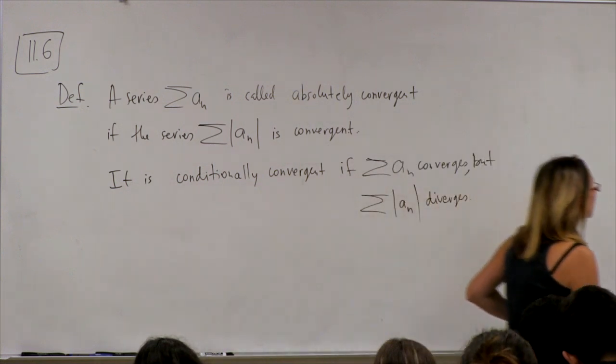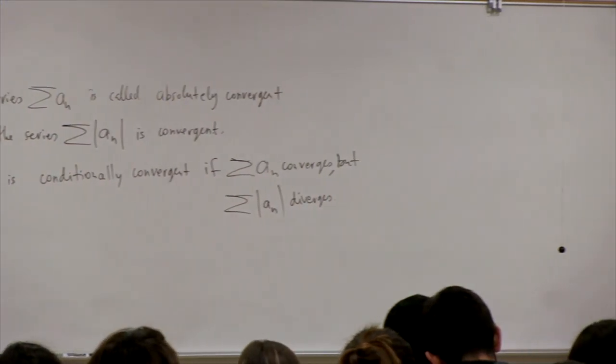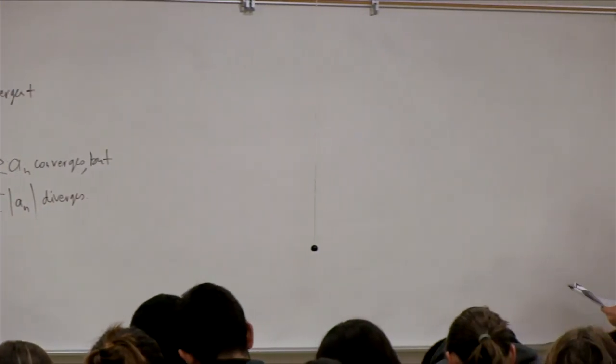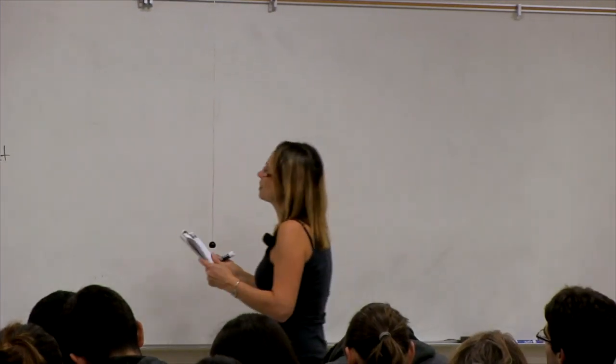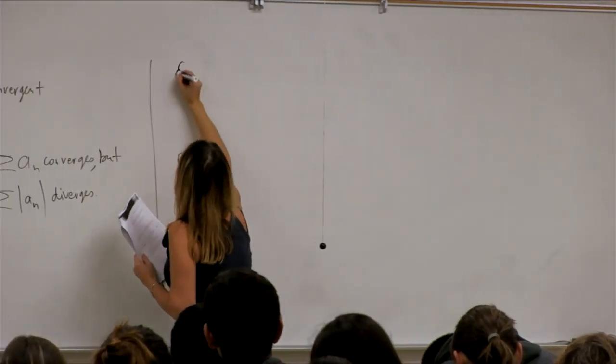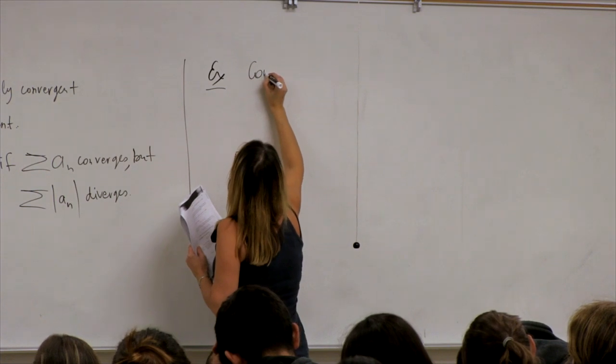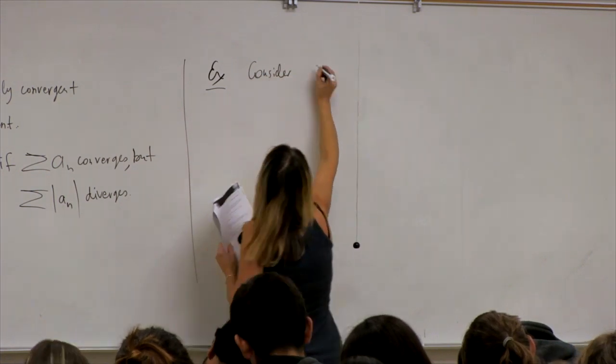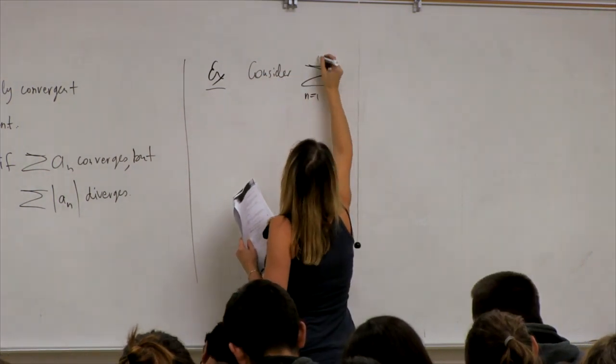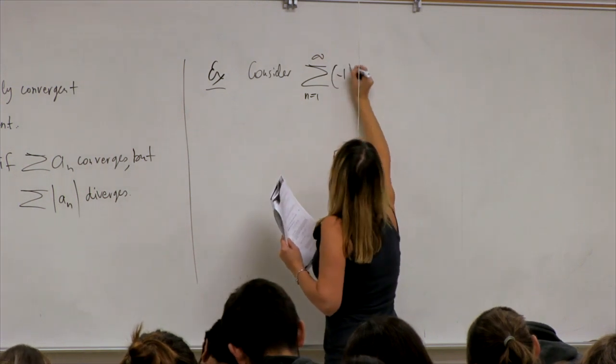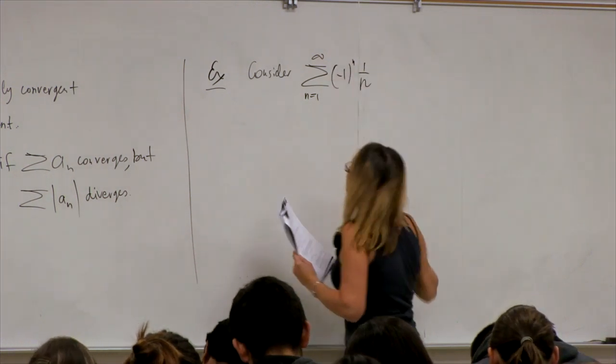So what are we talking about here? We could have, let's do an example, okay? Let's consider the series of (-1)^n 1 over n.